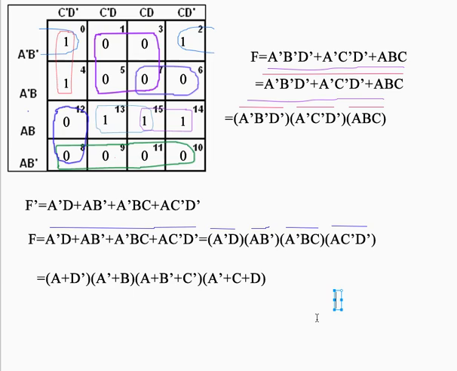Now what happens if I want NOR gate implementation? I'm going to take the product of sums form and invert twice. The first inversion is going to change the ands into ors, and it's going to invert the individual terms in here, so it's going to turn all of these into nors, and the ands into ors.